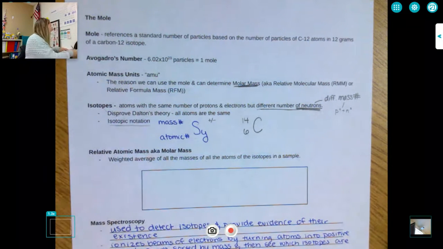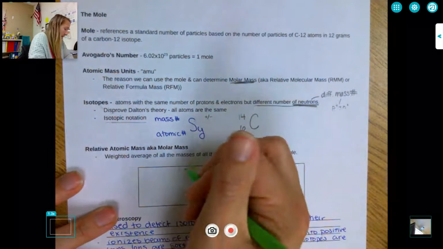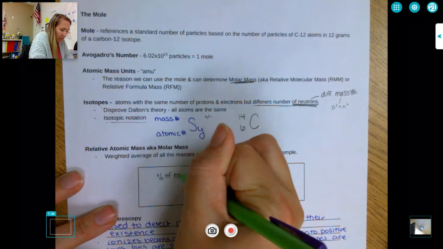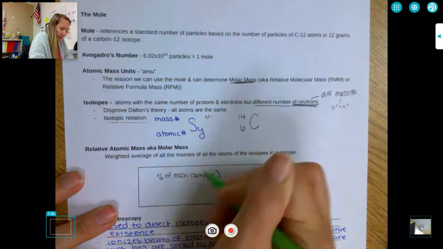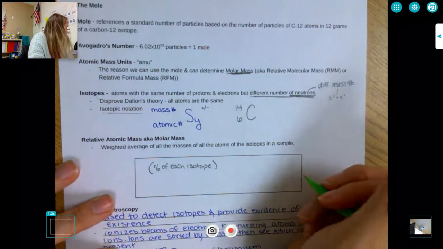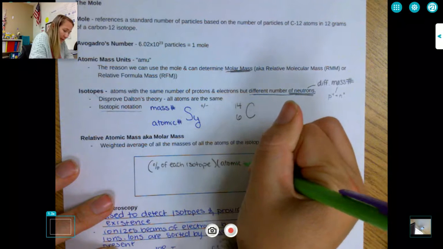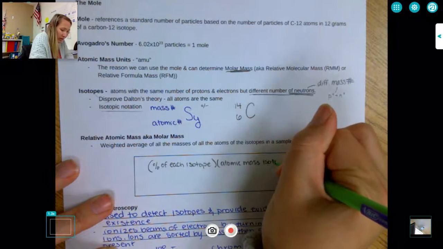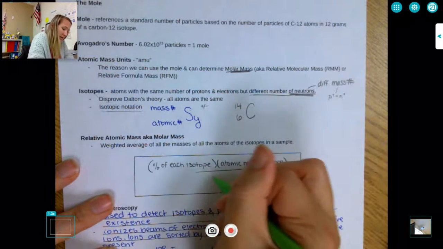And we get that by our formula. And we say that it is the percent of each isotope times the atomic mass of the isotope, and then divided by 100.